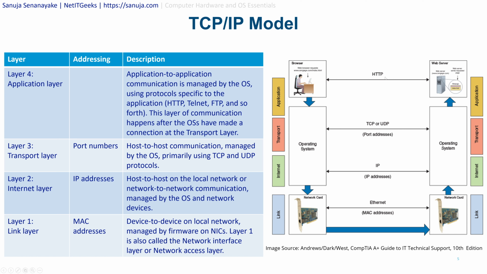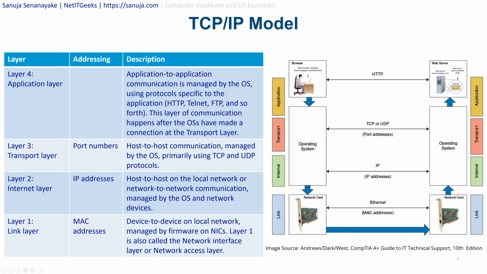HTTP runs on port 80, which is an older protocol. Most websites in modern day don't use that HTTP connection. But imagine this is HTTPS communication, and it requests the web server, hey, I need to access the Sanuja.com web page.